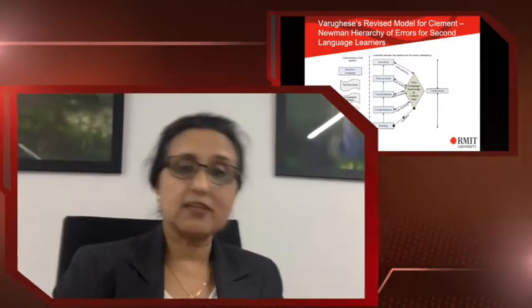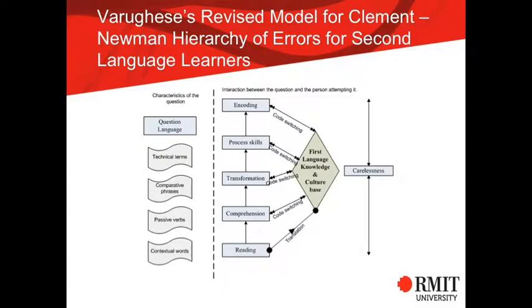At any stage, they may switch back and forth between their first and second languages, and this can cause an additional factor of errors at any step of the way. They also come with a culture base in their own first language, and sometimes knowledge of a first language affects their translation and the interpretation of the question. So we have to be aware of all this. And of course, carelessness is still a part of it. Anyone can make a careless mistake along any of these 5 steps.